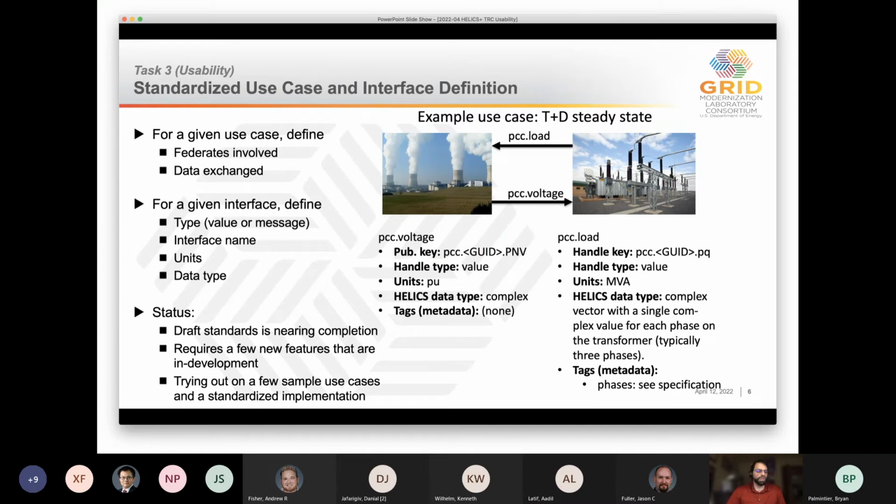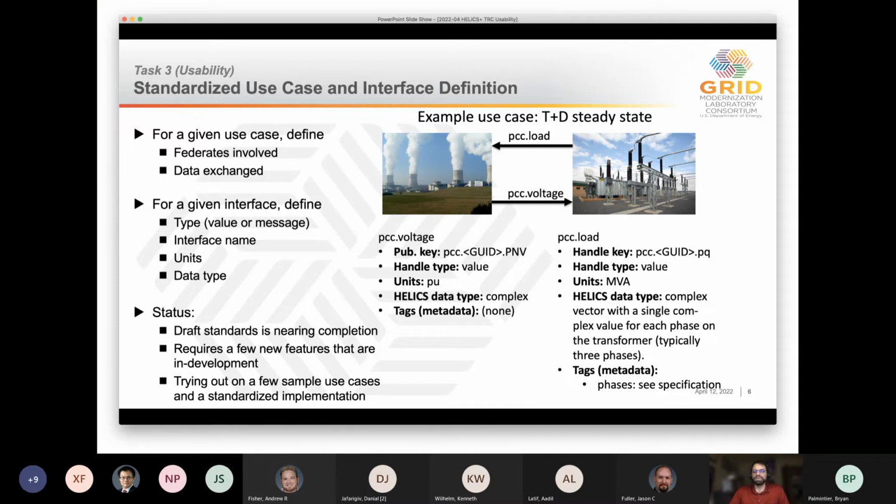So just as an example, the T&D steady state use case that I've been talking about here. What we've figured out, or the direction we're heading so far with this, is the first abstraction that we've defined is a use case. That is, what we've decided so far is that we cannot define a standardized interface unless we also are simultaneously defining it as a specific use case. And there are downsides to that, but so far it's the best answer that we've been able to come up with.